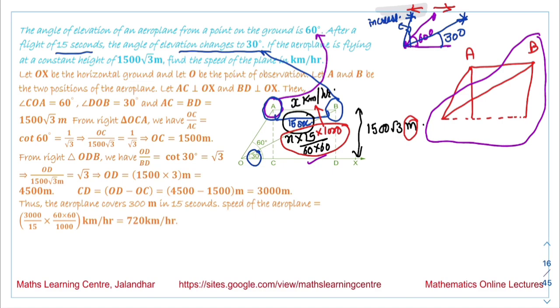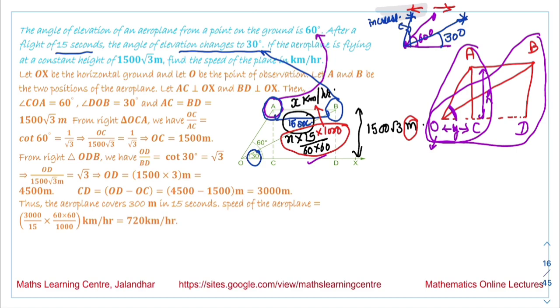If we are talking about this triangle, I am talking about the triangle OAC. In this triangle, this angle is 60 degrees. So tan 60 is equal to the height. This height is h, and this distance is say y.